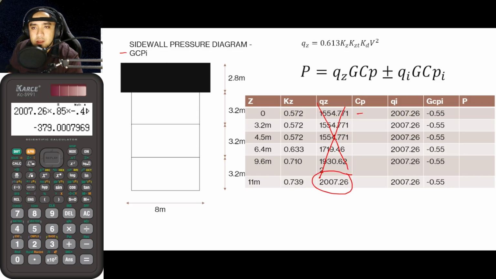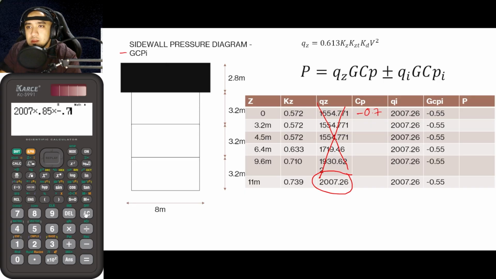For the Cp, that is negative 0.7. And solving for the value, from that, guys, 2007.85 times 0.85 times negative 0.7. Then this is plus 2007.85 times negative 0.55.